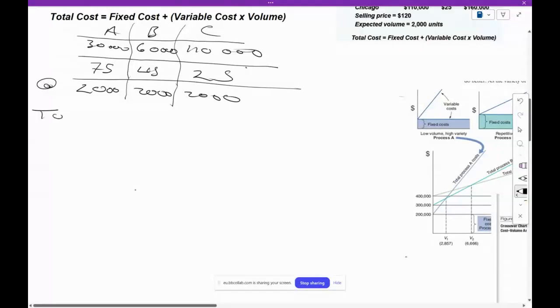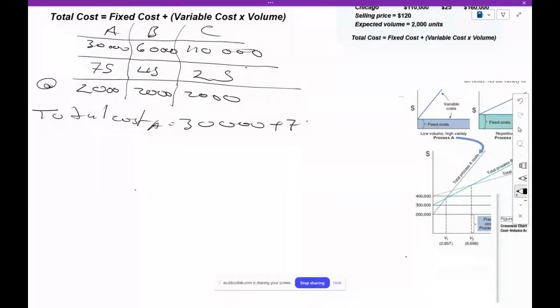So total cost for A equals $30,000 plus 75 multiplied by 2,000.